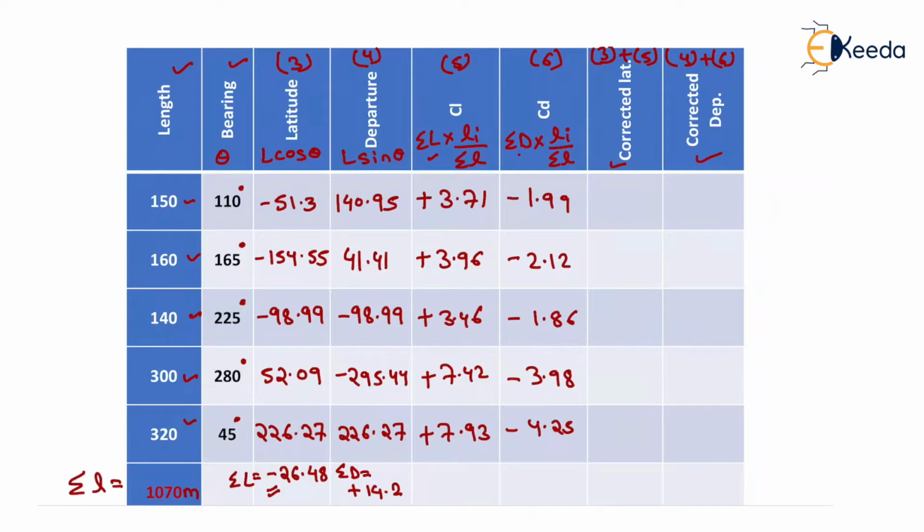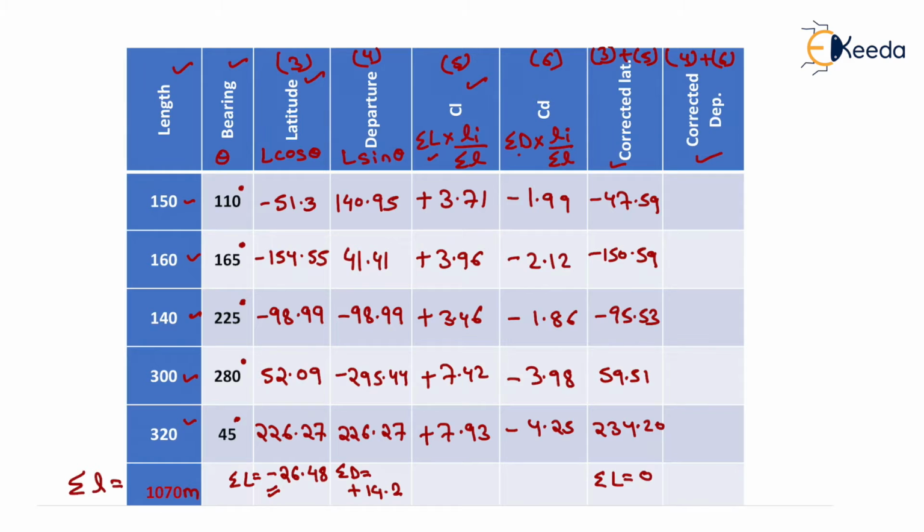Now after adding column 3 and column 5, we will get corrected latitude as minus 47.59, similarly minus 150.59, minus 95.53, plus 59.51 and plus 234.20. Now after adding this, we will get summation of latitude equals 0.